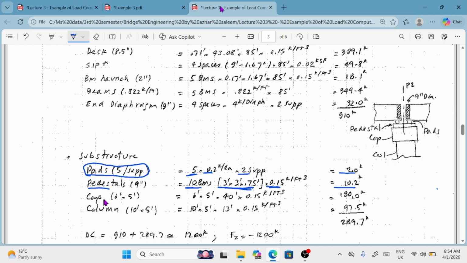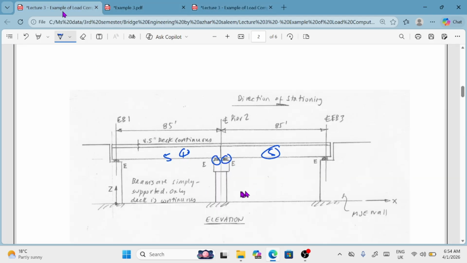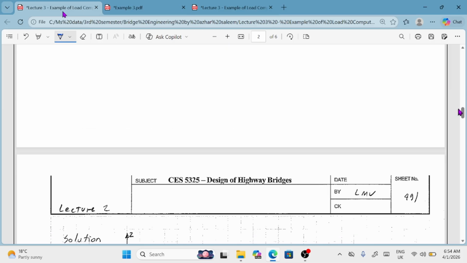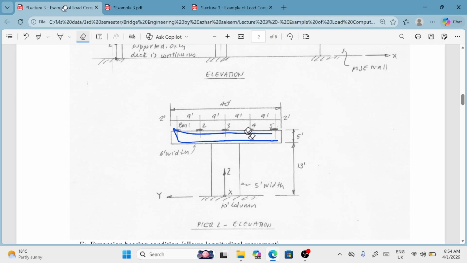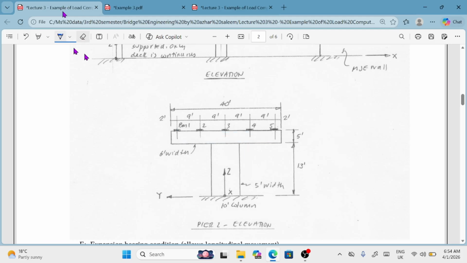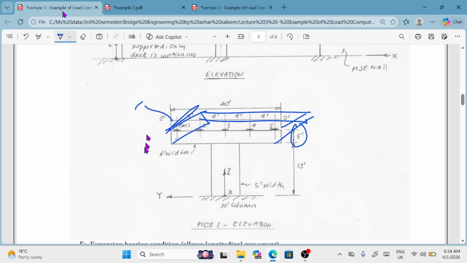And the next is the pile cap, and the pile cap dimension is given here. This is the pile cap, and its height is 5 feet, and its length continues like this. Its width is 6 feet.